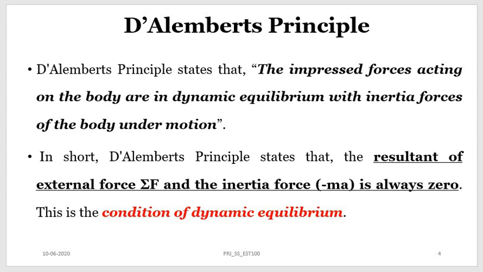One definition is this one: the impressed forces acting on the body are in dynamic equilibrium with the inertia force of the body under motion. Or we can say that the body is in dynamic equilibrium with the action of the applied force as well as the inertia force.